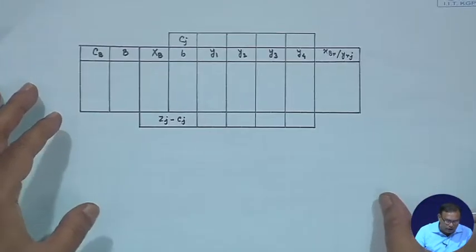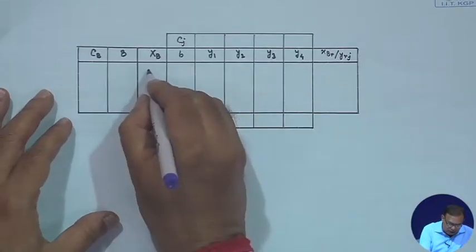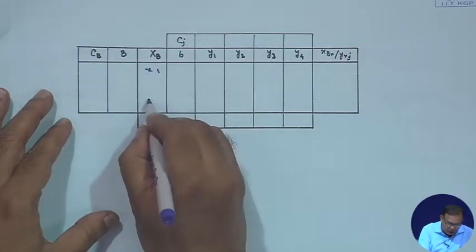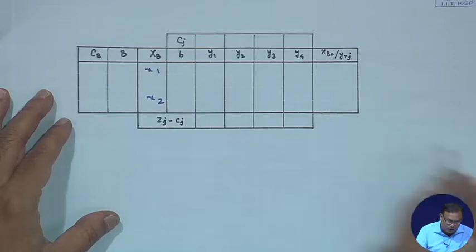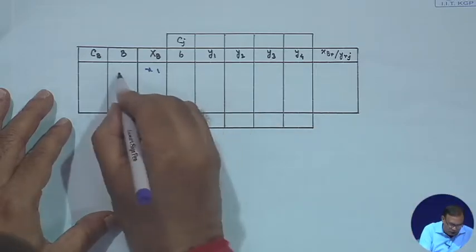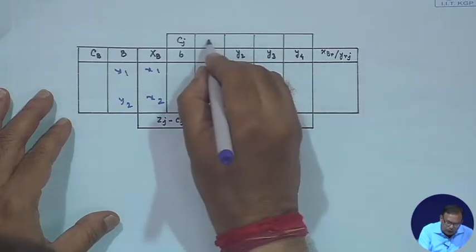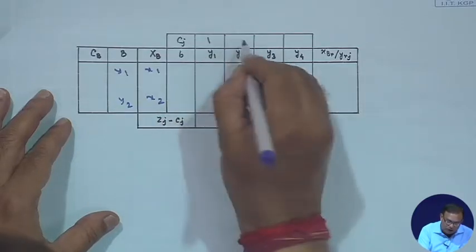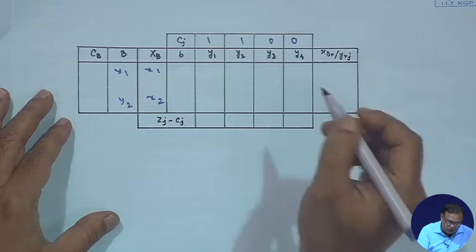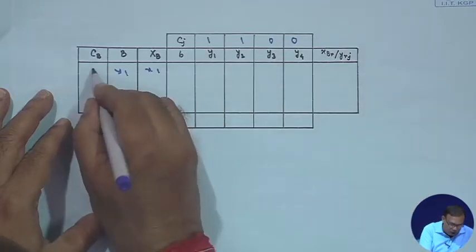In the next iterative table, x3 has been replaced by x1 and x2 is already there. So, this will be y1, y2. The coefficients of the objective function cj are 1, 1, 0 and 0, x1 and x2 both are 1.